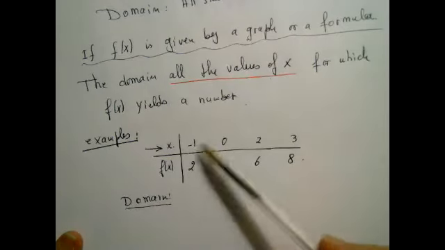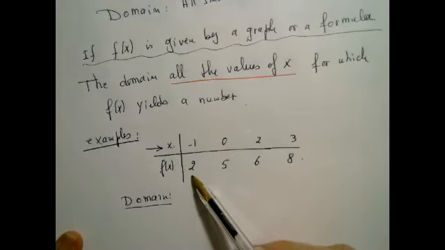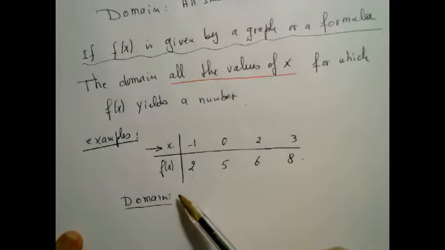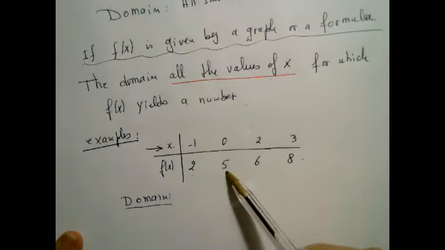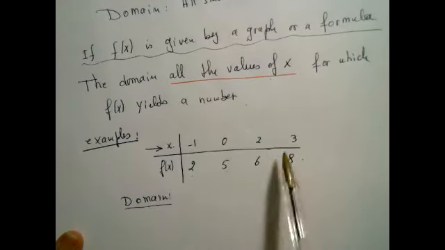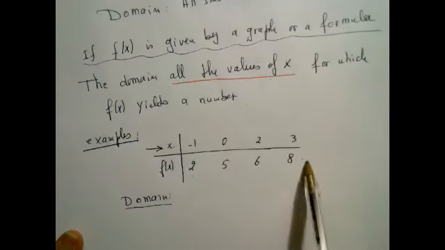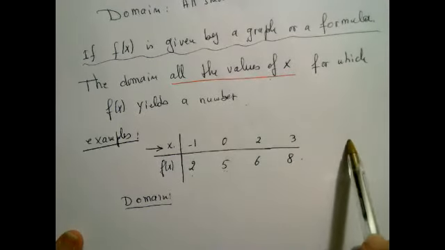It means, do I have a value associated to -1? In the chat, tell me yes or no. Yes, 2, so we have a value. Is 0 in the domain? Yes or no? Is there an output that corresponds to 0? 5. Is 2 in the domain? Is 3 in the domain? Is 4 in the domain?